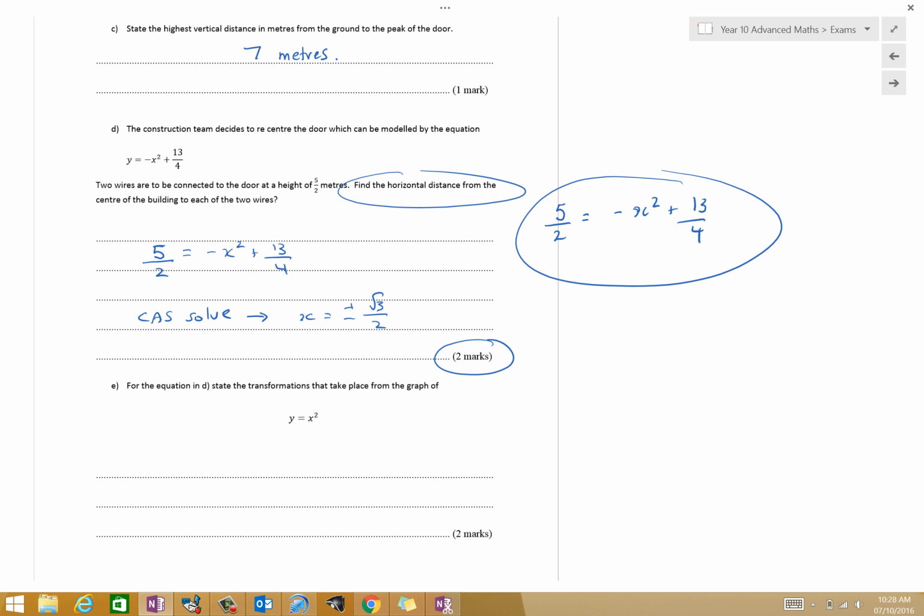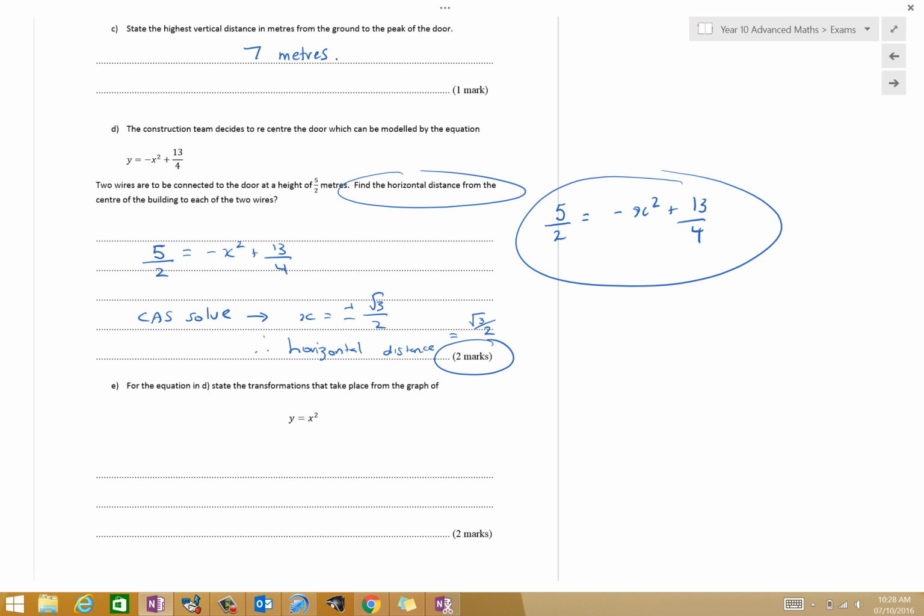Find the horizontal distance from the centre of the building to each of the two wires. It's the centre of the building. So therefore, the horizontal distance from the centre of the building is what? No, it's not negative root. It's just root 3 on 2, because it's from the centre of the building to each of the two wires.